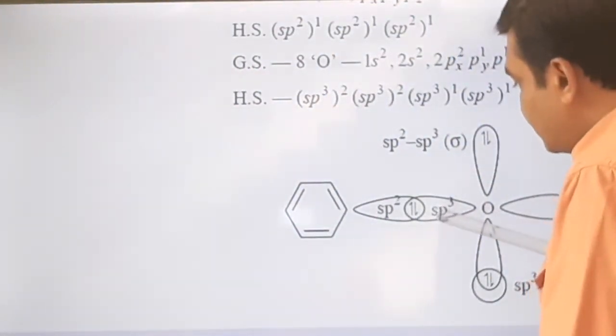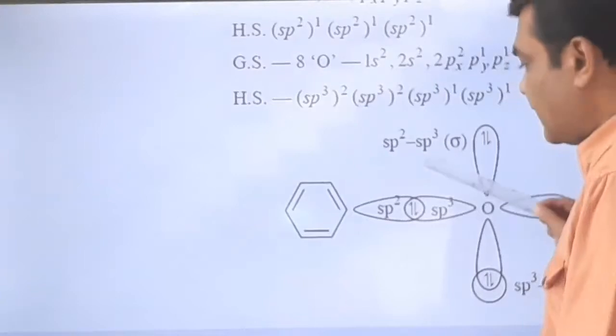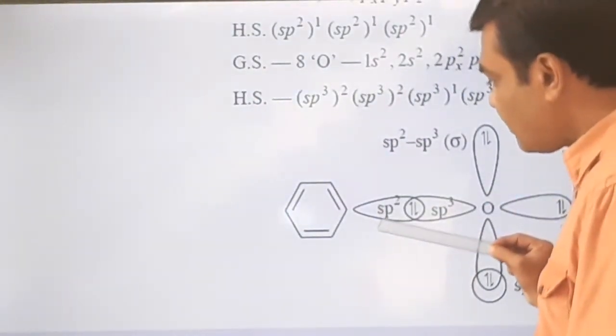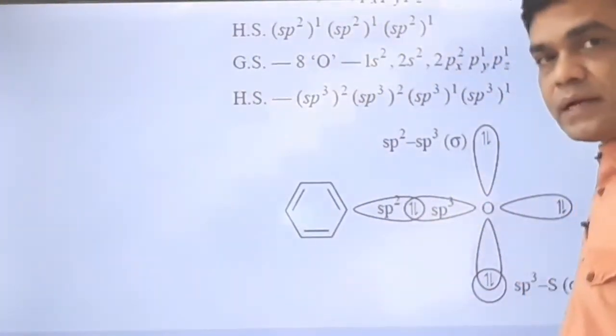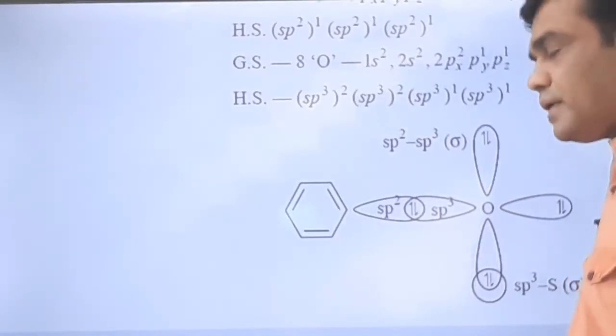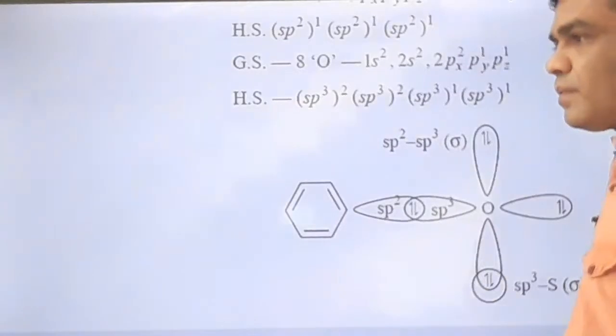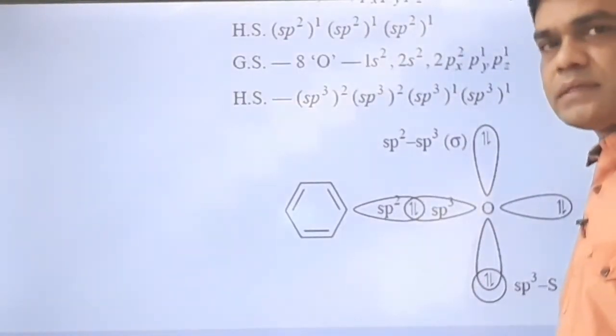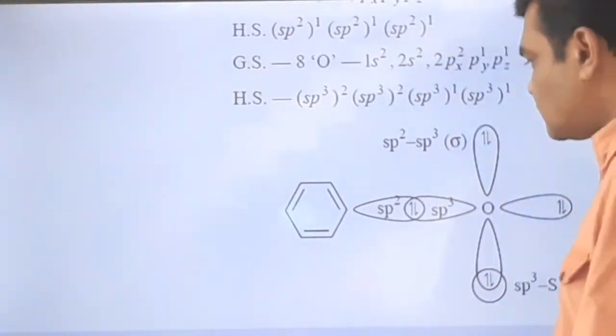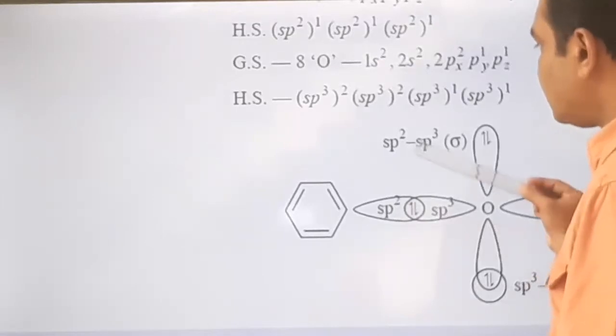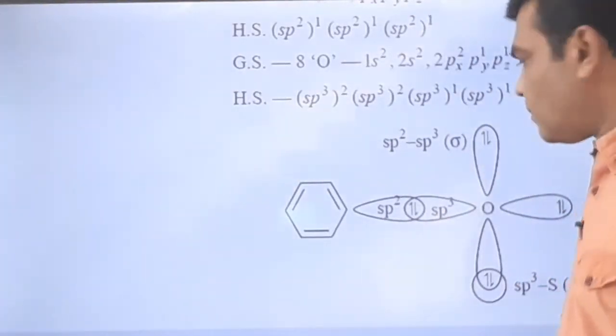So this sp3 hybrid orbital of oxygen and this sp2 hybrid orbital of carbon, having one unpaired electron each, overlap to give a sigma bond. Of course, this sp2 sp3 overlapping leads to the formation of a sigma bond. Okay.